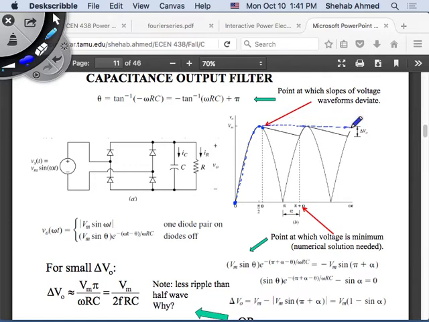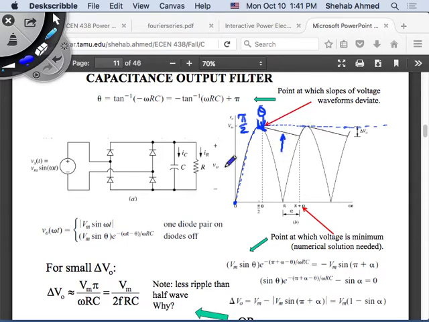This is if the capacitance is infinite. Since the capacitance is finite, and I also have a resistor here that will consume current, there will be a point, at some angle theta after pi over 2, a very small distance after pi over 2, where the slope of this line, which is an exponential, matches.